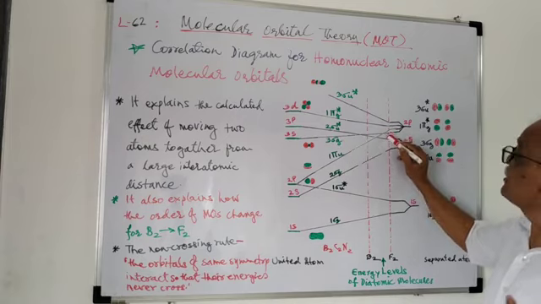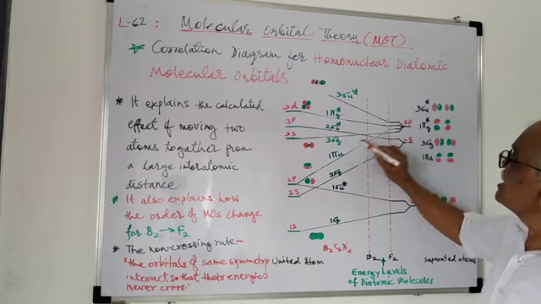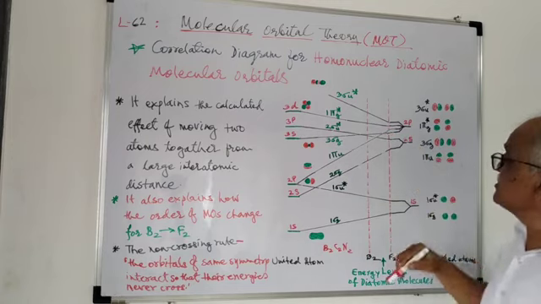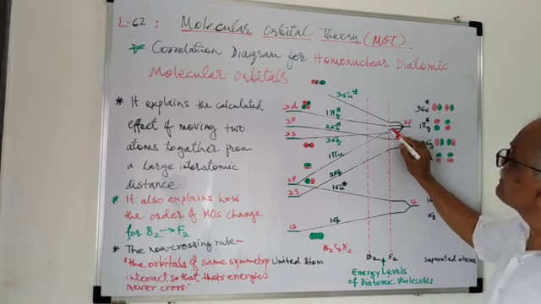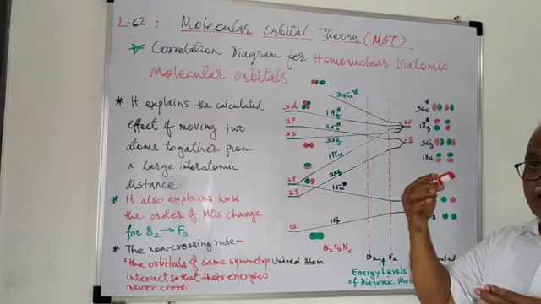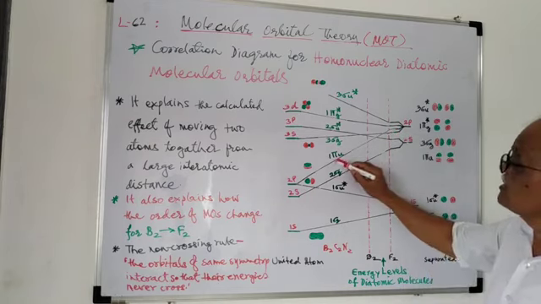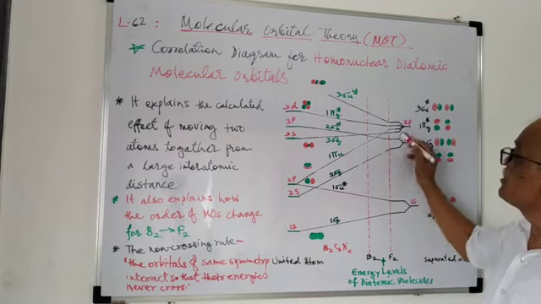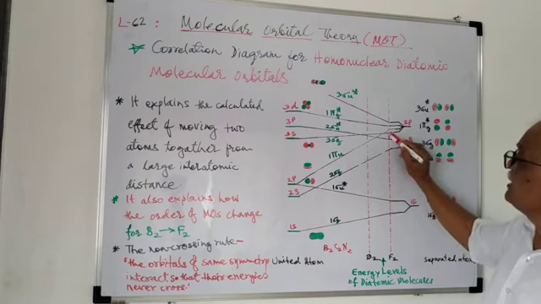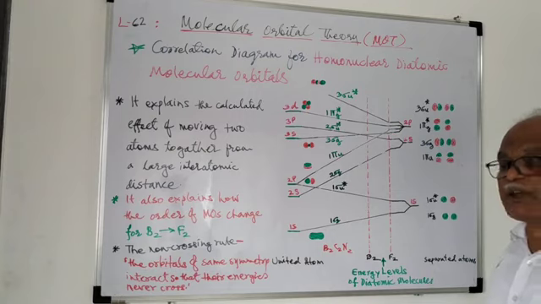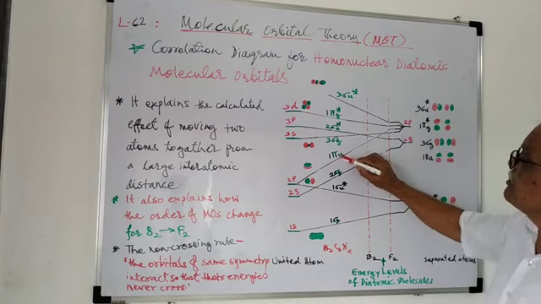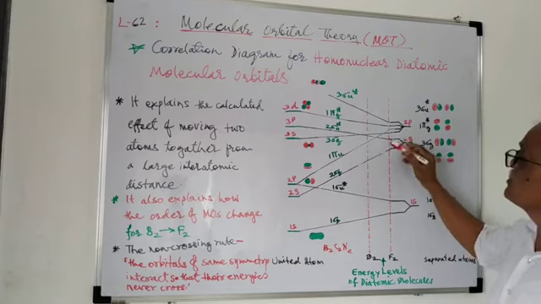So the order of molecular orbitals here is that 3 sigma g is lower in energy and the pi orbitals are higher in energy. So electrons are filled first in the sigma molecular orbital because it is lower, and then the remaining electrons go into the pi molecular orbitals of bonding nature.